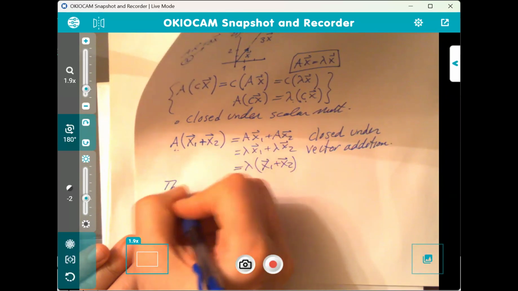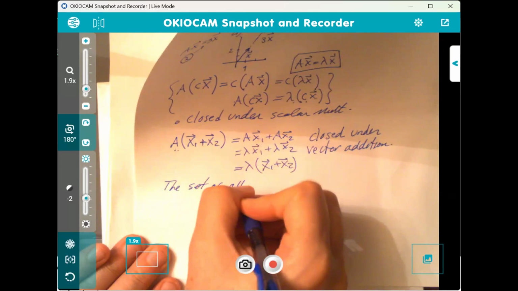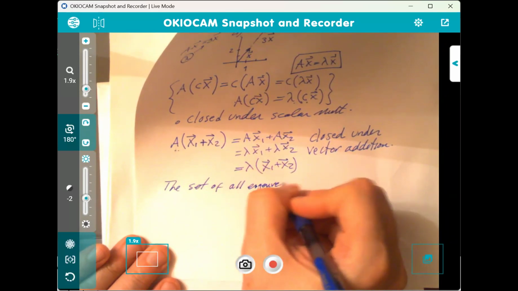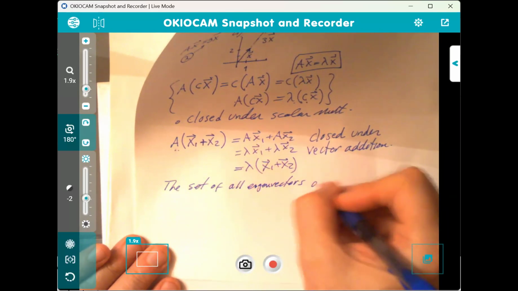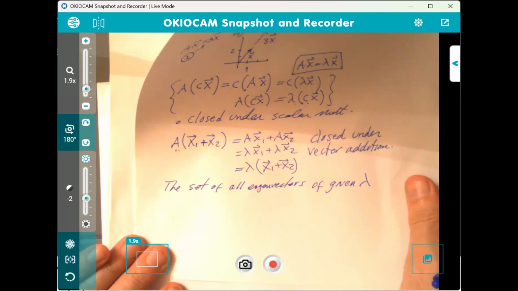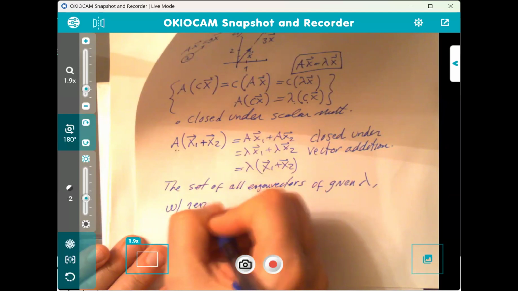So let me write that one. Here we have the set of all eigenvectors of a given eigenvalue lambda, with the zero vector.